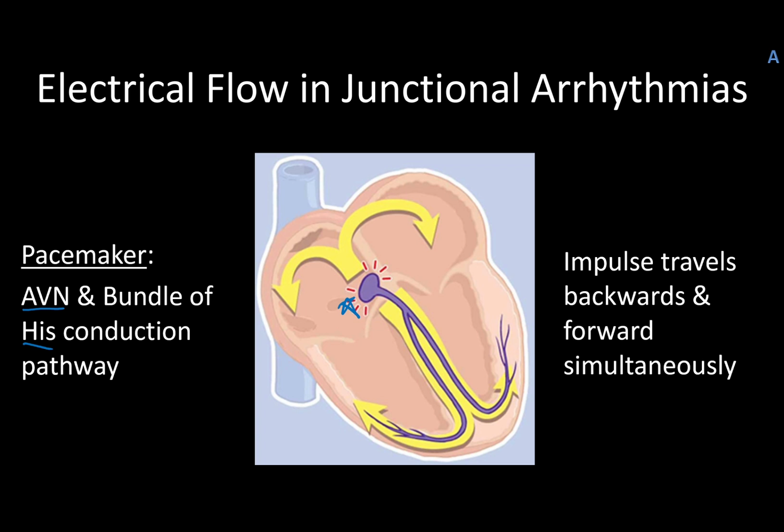So in the idea of ripples in a pond, that electricity is going to travel all directions at once. In this case, it's just forward and backward. It's going to use your usual stuff, so cell to cell, your internodal pathways, and your bundle branches.